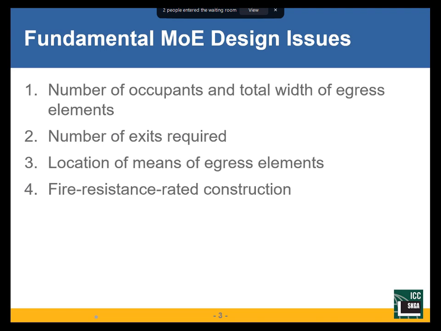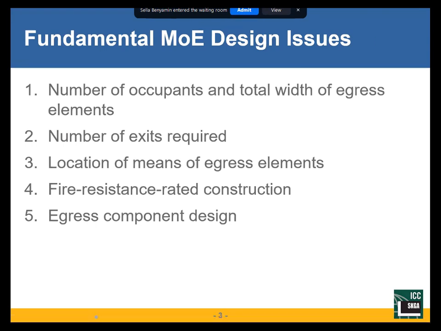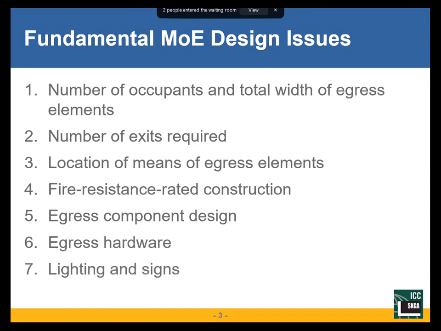In other words, to protect that exit path during my egress. What is the design of those components, whether it be a stairway or a corridor or an exit door? And on that exit door, what kind of hardware do I need? Do I need lighting and exit signs? Emergency lighting and exit signs. All of these are items we're going to discuss here.